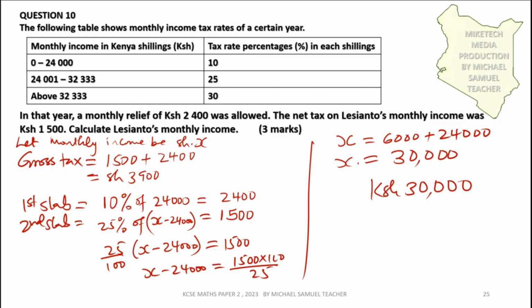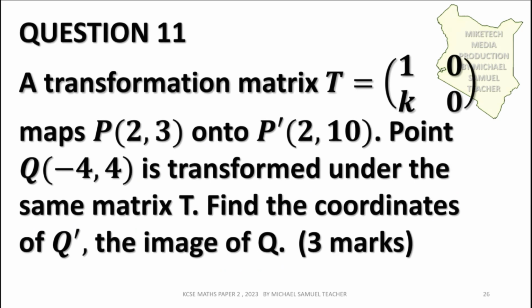Then question number 11. A transformation matrix T, 1 0 K 0, maps point P, which is (2, 3), onto P prime (2, 10).